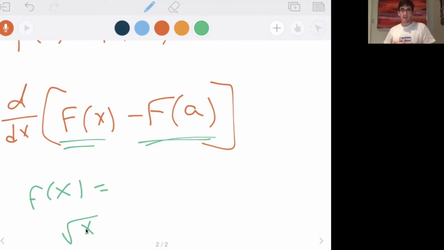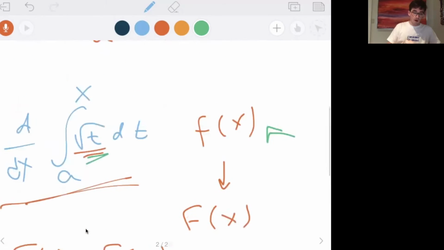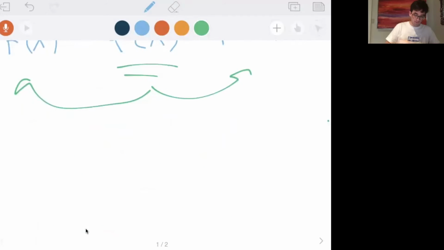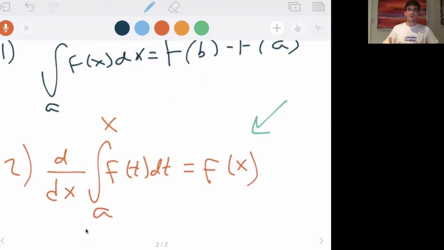Well, if I just take a constant, and plug it into a function, that's going to give me another constant. It's going to give me a number. So the derivative of that is just 0. So that tells us that square root of x is the derivative of this expression. And that's consistent with what we saw over here. That's part 2.